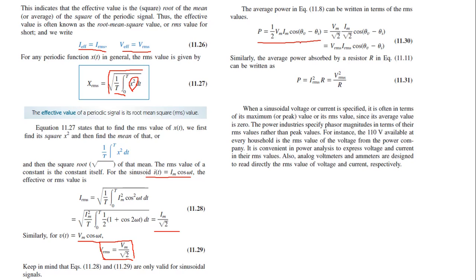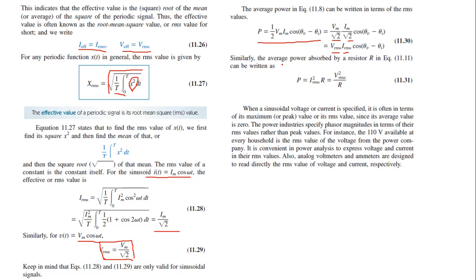This 2 can be written as root 2 into root 2, so we get Vm by root 2 into Im by root 2 cos of (theta v minus theta I). Vm by root 2 is VRMS and Im by root 2 is IRMS. So average power is equal to VRMS IRMS cos (theta v minus theta I).